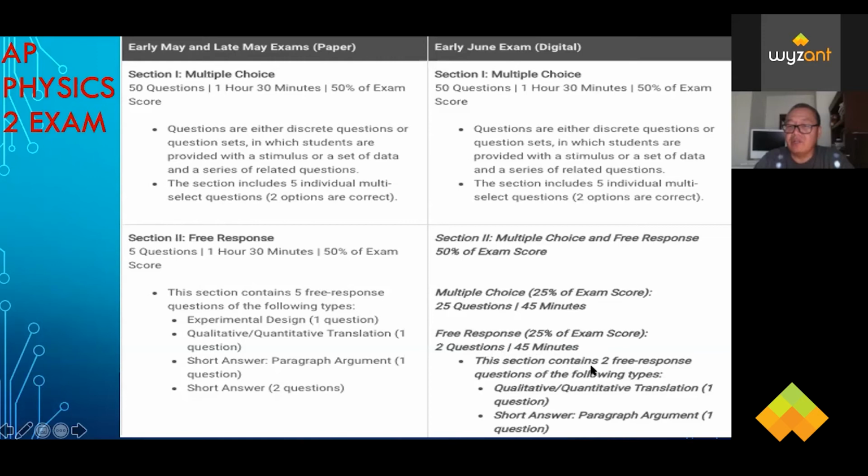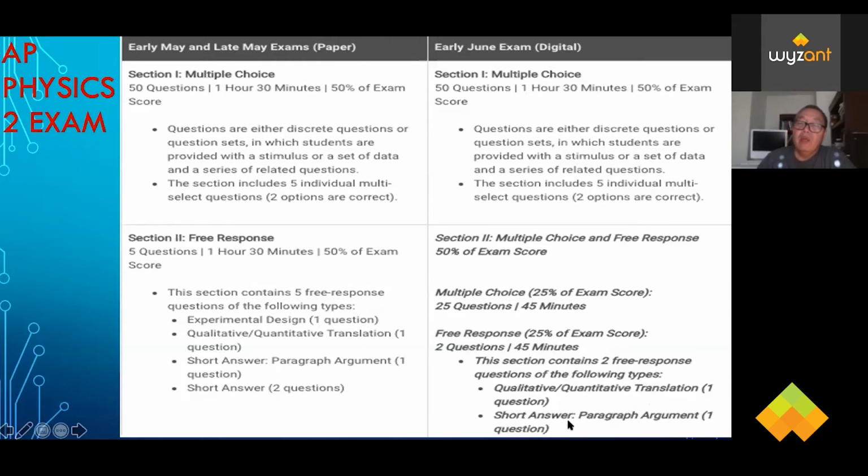This section contains 2 free response questions of the following type. One is a qualitative or quantitative translation question. Another is a short answer paragraph argument question. Okay, these 2 questions.